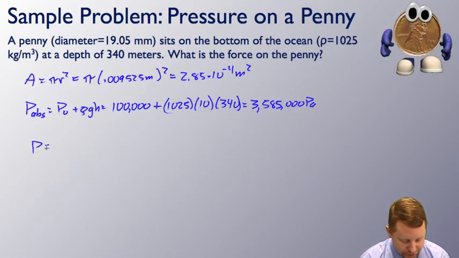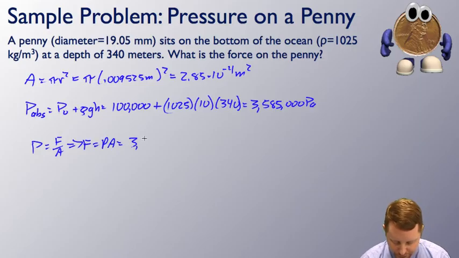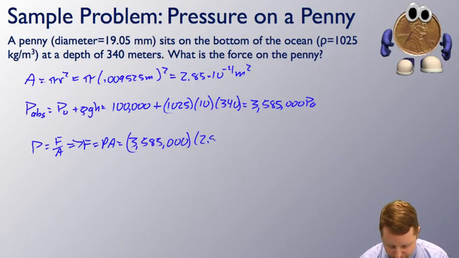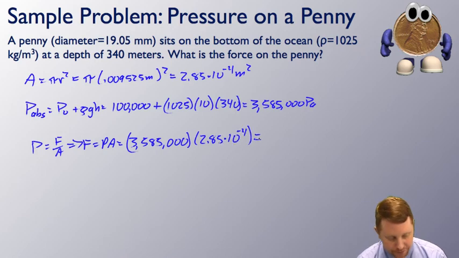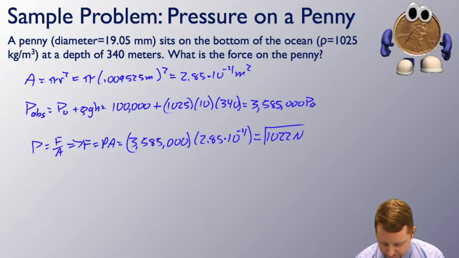Now, if pressure is force over area, then the force must be the pressure times the area, or 3,585,000 pascals times the area of the penny, 2.85 times 10 to the minus 4 square meters, for a force of about 1,022 newtons on that penny.